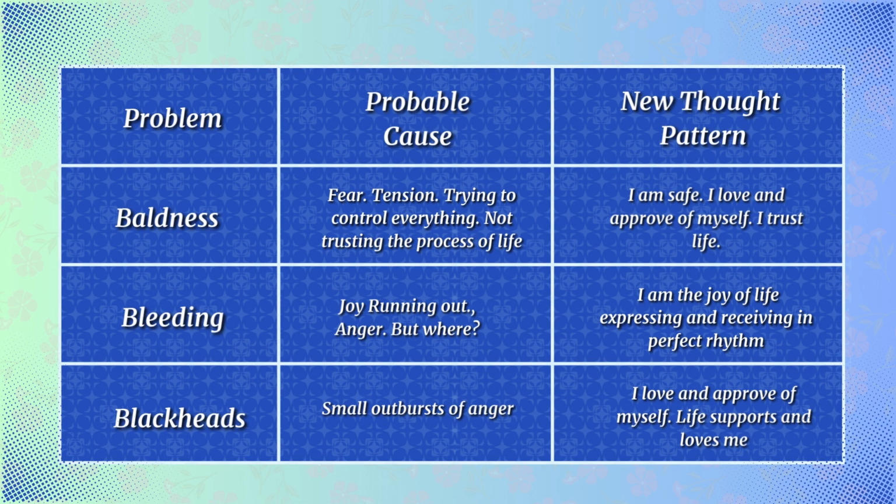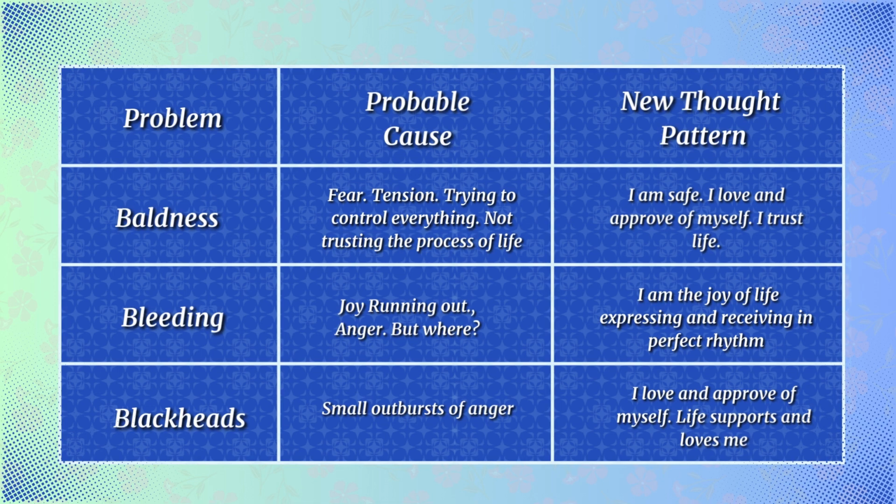So the next problem is blackheads. A lot of people have blackheads on their face, on their nose, and everywhere. You have small outbursts of anger, that's why you're having blackheads. That means somewhere down the line you don't like yourself, you dislike yourself, and a lot of people have actually disrespected you, and that has caused a lot of pain, and that is coming out as anger.